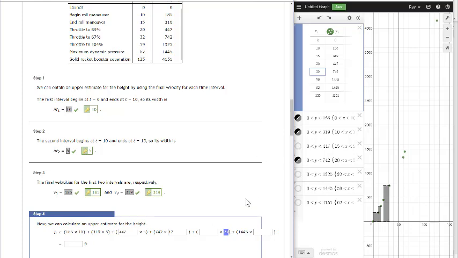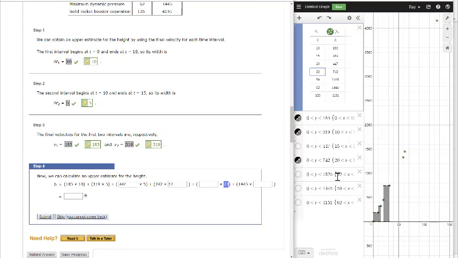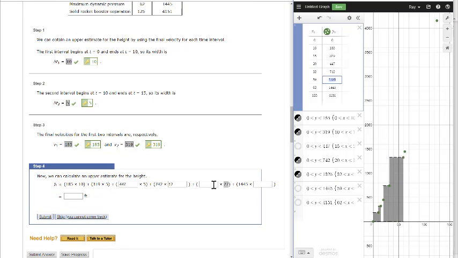And so the height we're using for that is 1325. Then we're using 1441 for the height, and we're looking at the distance between 62 and 59. That's a very small distance between these two, and so the distance there is just going to be 3.